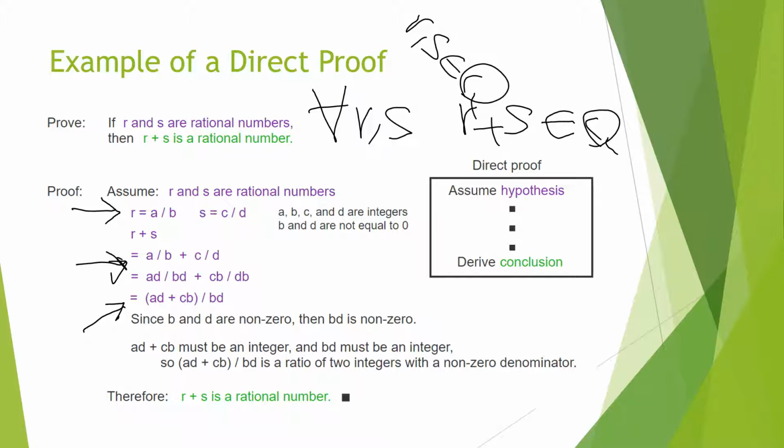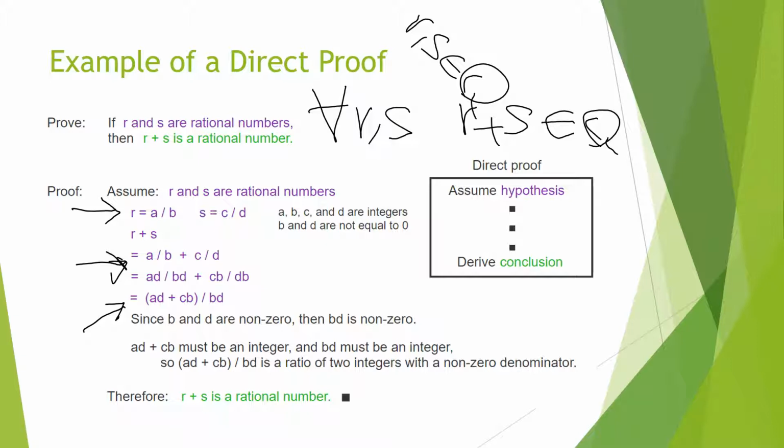So we find out that r plus s is equal to another fraction. The numerator is a times d plus c times b, which is obviously an integer because all numbers a, b, c, d are integers. And the denominator b times d is also another integer. Why? Because b and d are both integers, therefore their product is also an integer.